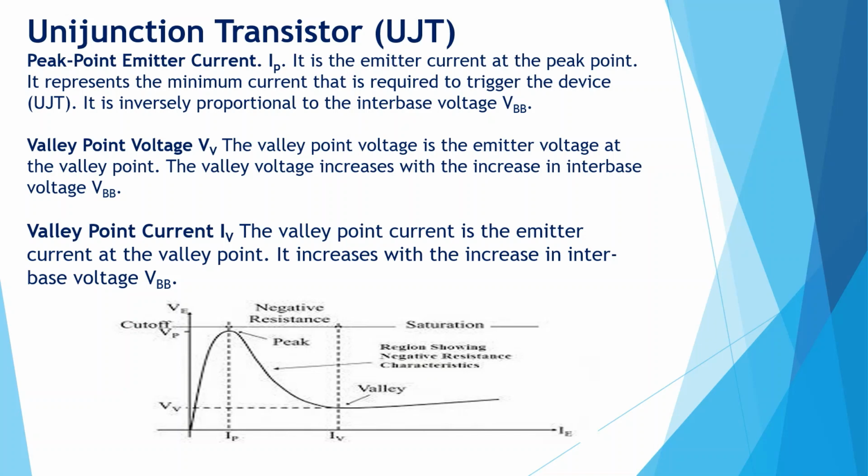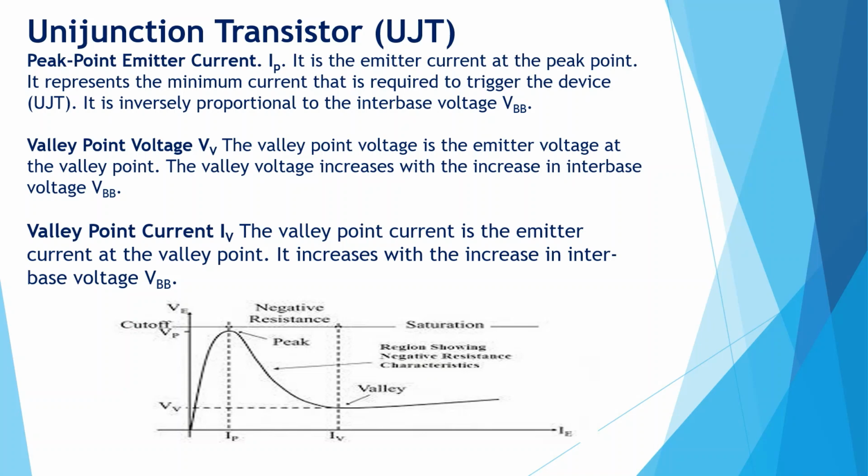From the figure, it is noted that for emitter potential to the left of the peak point, the emitter current IE, this is the peak point, right? To the left of the peak point, the emitter current IE never exceeds IEO. That means the potential when no emitter voltage is applied. The current IEO corresponds very closely to the reverse leakage current, that is ICO.